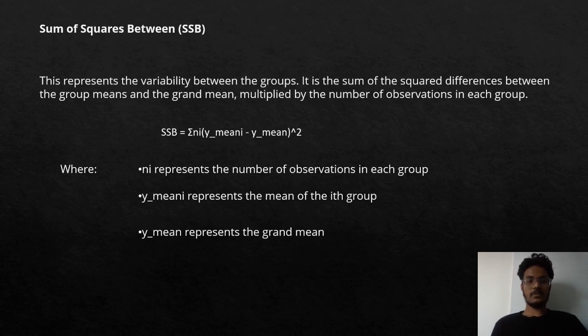Sum of squares between represents the variability between the groups. It is the sum of the squared differences between the group means and the grand mean multiplied by the number of observations in each group. The formula is SSB equals summation of ni times y mean i minus y mean, whole squared.